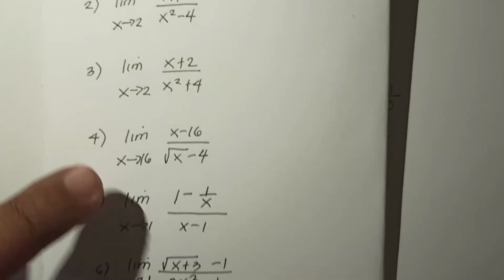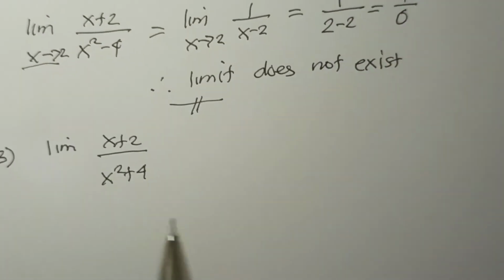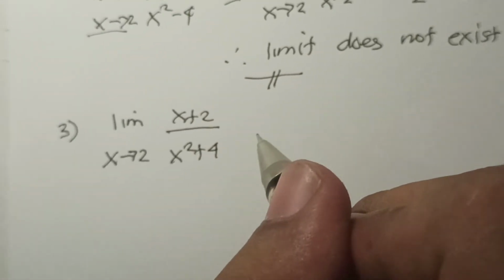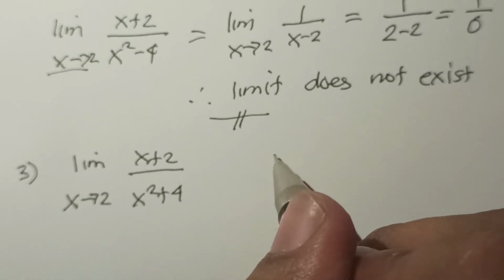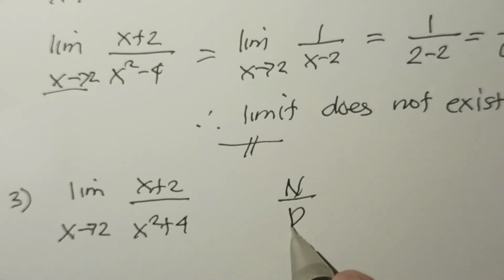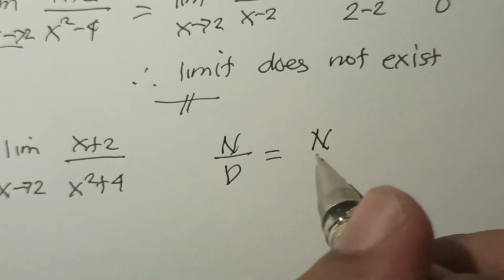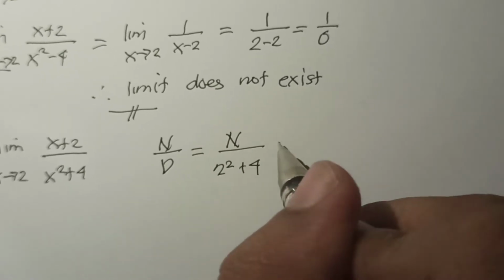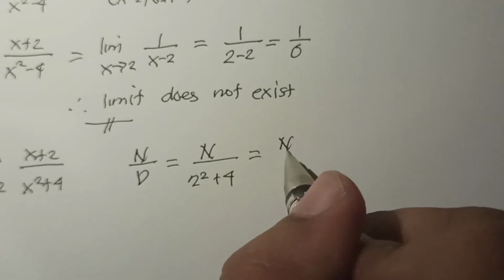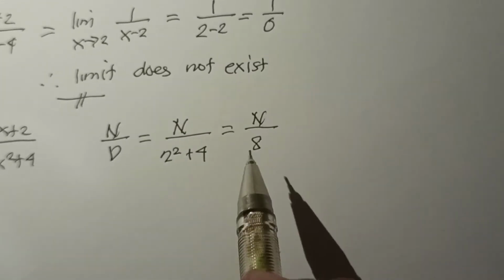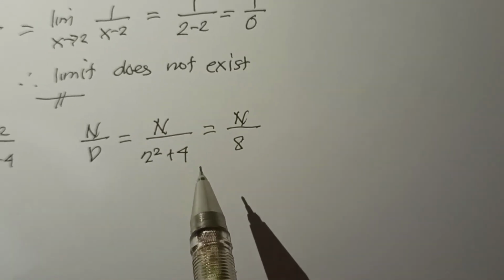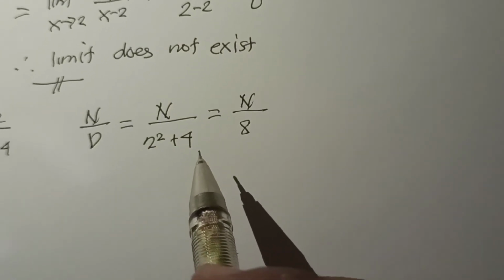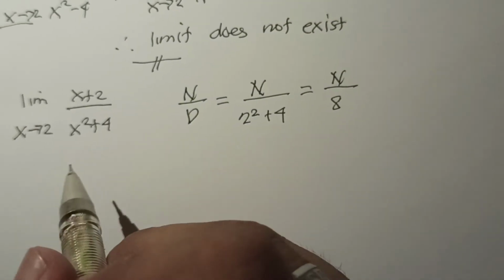We will use n over d by substitution: numerator over denominator, which is 2 squared plus 4. So this will become n over 8. Since the denominator is not equal to 0, we will simply substitute the given value, x approaches 2.